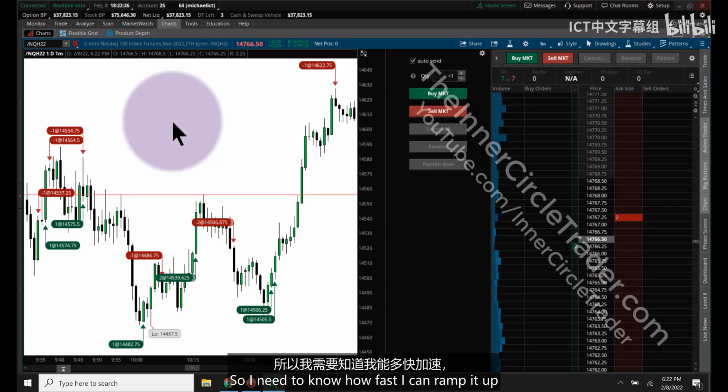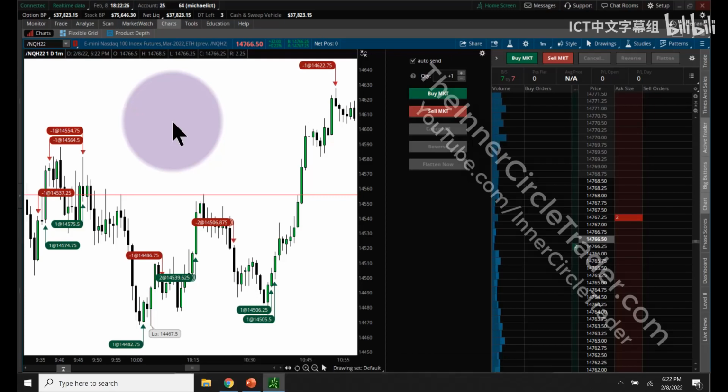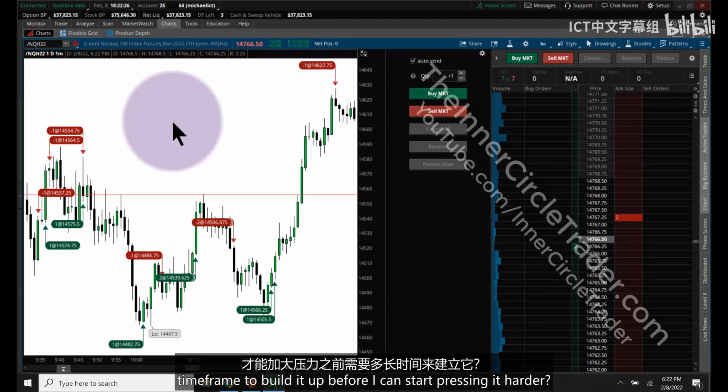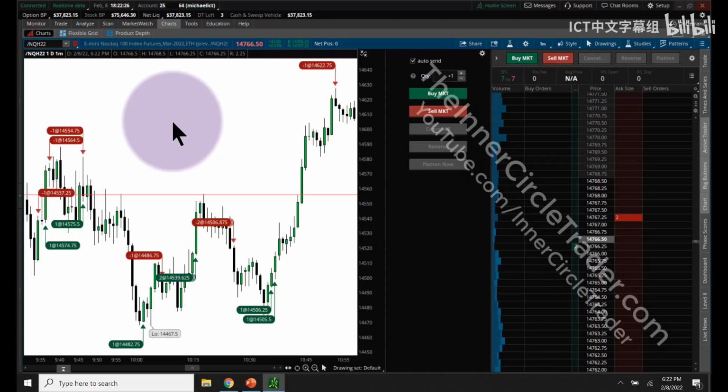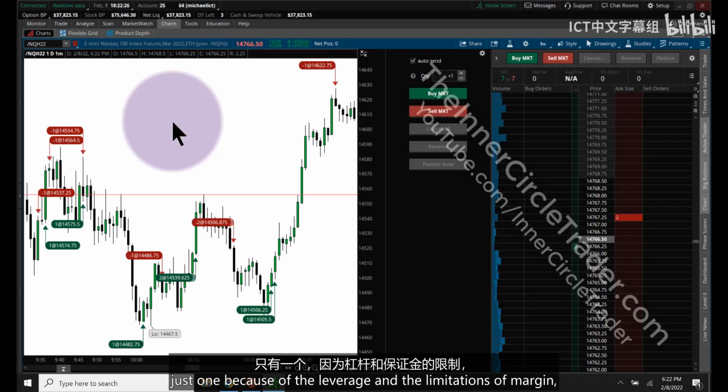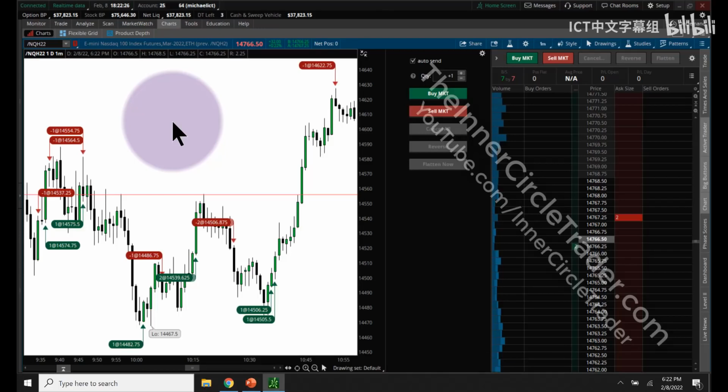So I need to know how fast I can ramp it up, or is it going to take me a little bit longer term time frame to build it up before I can start pressing it harder. Everything I'm showing you in this account is all one mini contract basis. Not more than one, just one, because of the leverage and the limitations of margin. It prevents me from doing so.